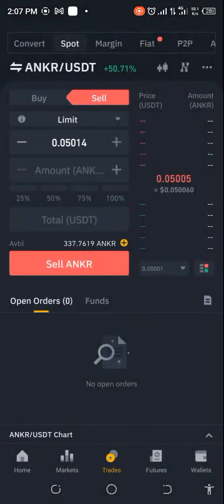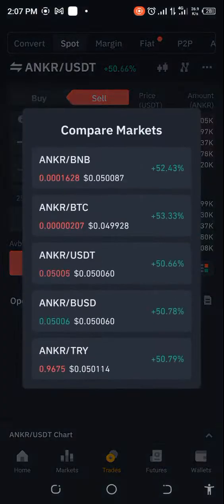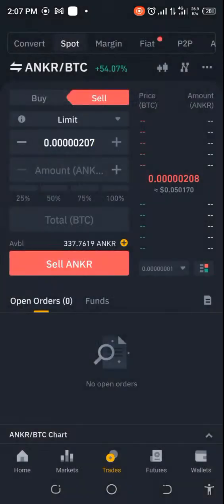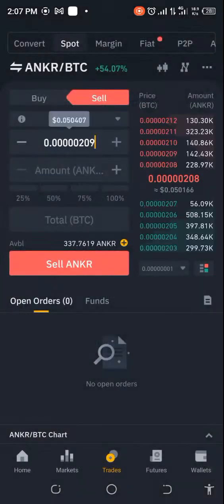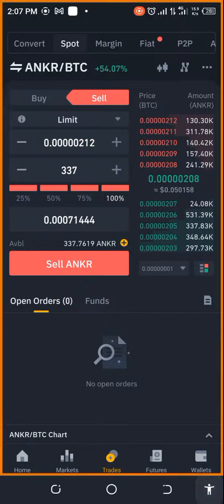Let's go back and put it. Let me do the compare markets. Okay, it's going to go back up. Let's put it at 12. Let's put everything there. What would it be at that point?